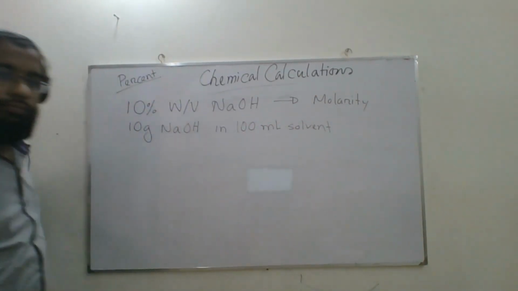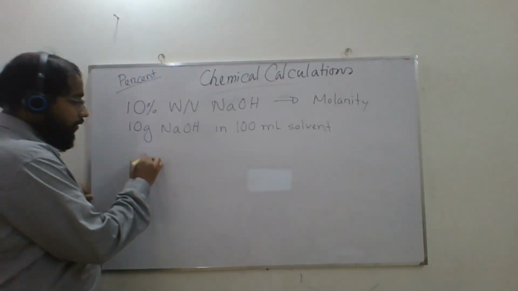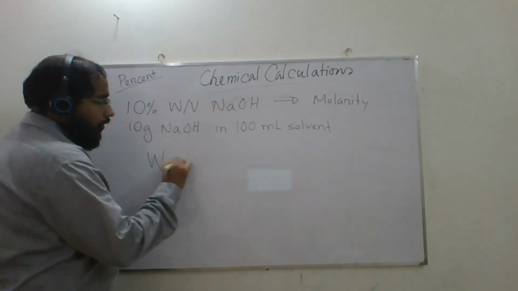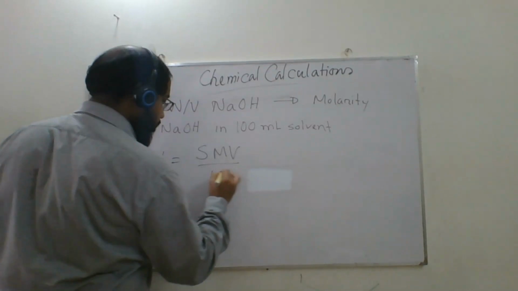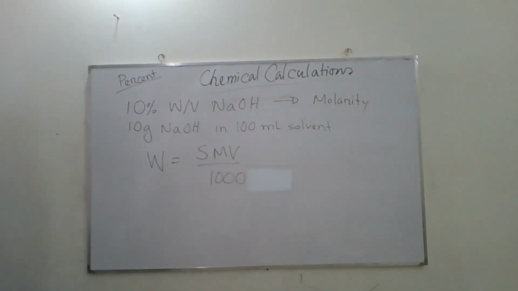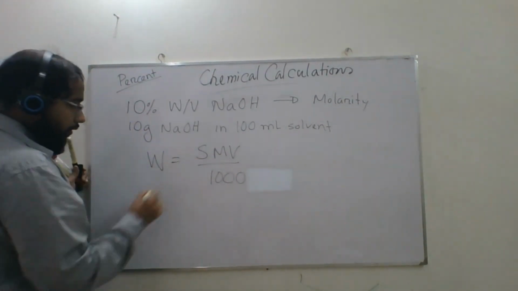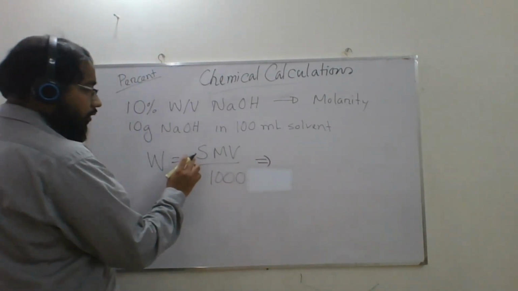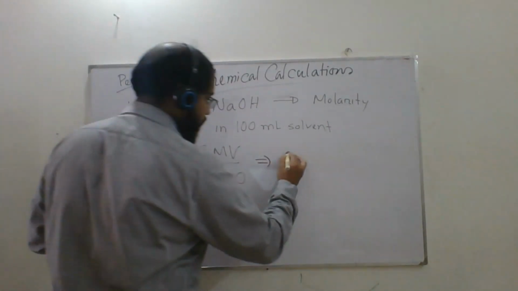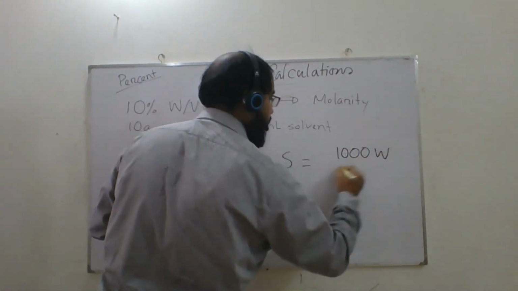Now if we go for the calculation, as we said, W equal to SMV by 1000. Then what we can write, we need this one, S equal to 1000 W by MV.